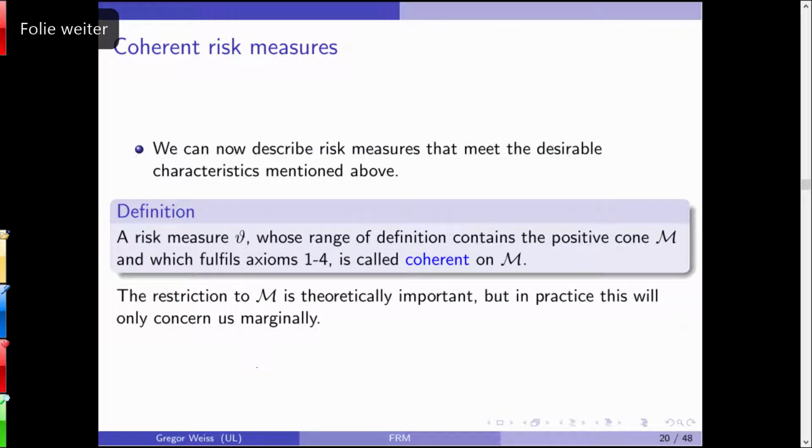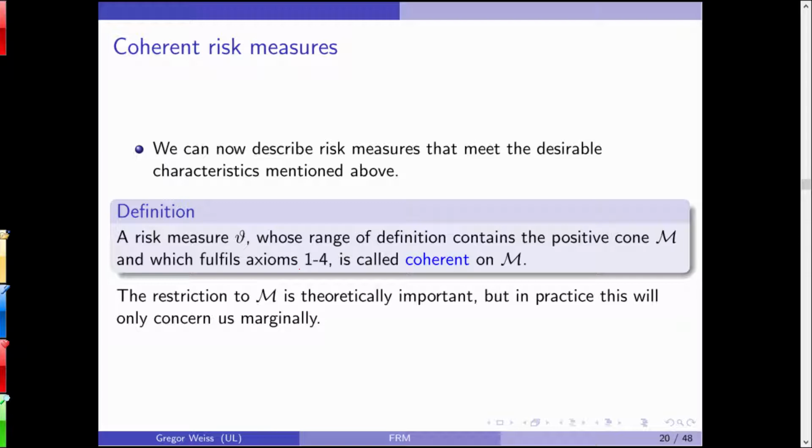Okay. Now, a risk measure that fulfills those axioms 1 through 4 is called coherent. This is a coherent risk measure. In German we have the same word, kohärentes Risikomaß. And the paper by Artzner, Delbaen, Eber and Heath is also called coherent measures of risk. This is one of the basic results in their paper. In the original paper they don't work with random variables but with acceptance sets.